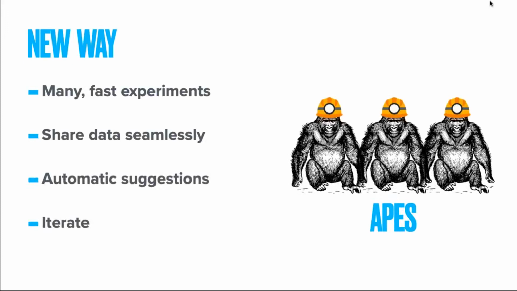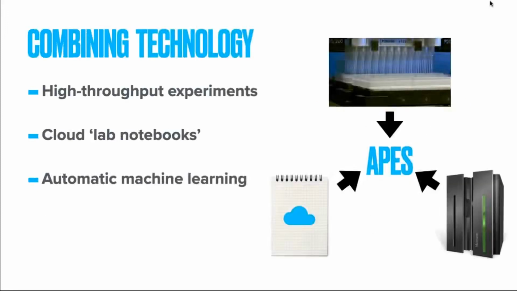And generate suggestions for new experiments automatically, so that after we've run through this process of generating the data in the high throughput machines, sharing it seamlessly to the data scientists, and generating a hypothesis automatically, we can iterate. Because that's the other thing about biotech. It's a loop.